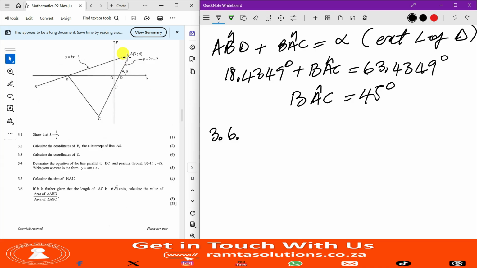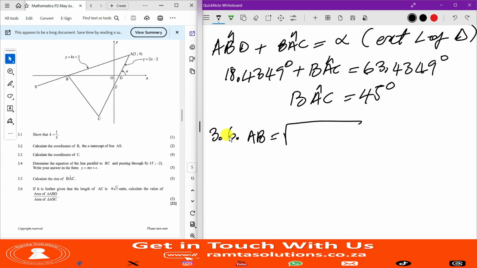So in using the area rule, let's find one. I will begin by finding AB using the distance formula. Because you're in grade 12, the distance formula doesn't carry marks. Let me just do this, I think it's better.